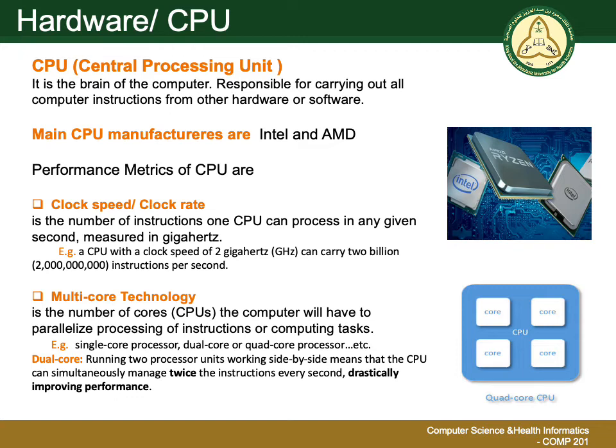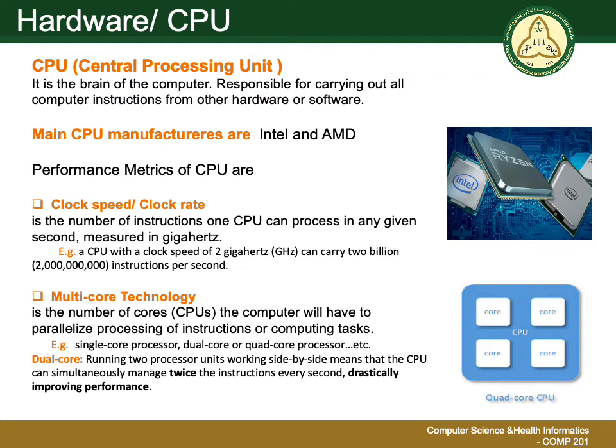If you want to buy a computer from جرير or Best Buy or any computer market, you will hear the seller say this processor is 2 gigahertz. So now you have an understanding about this term and what it means.